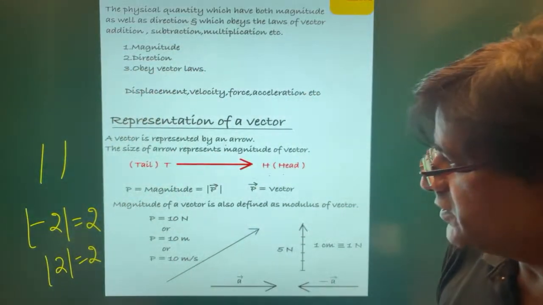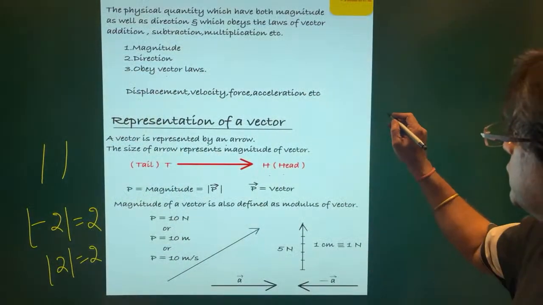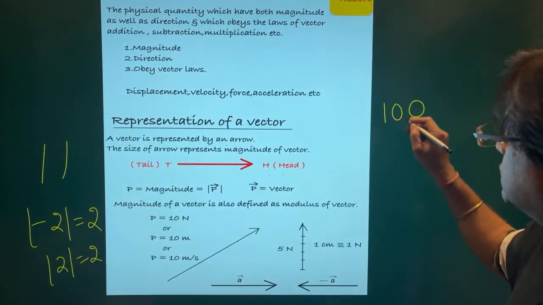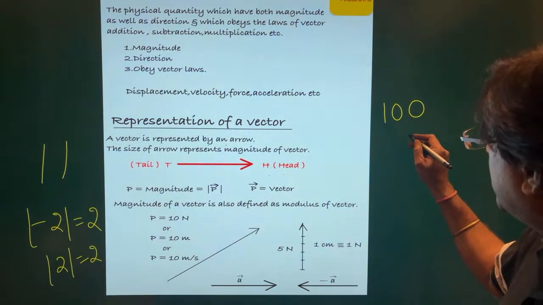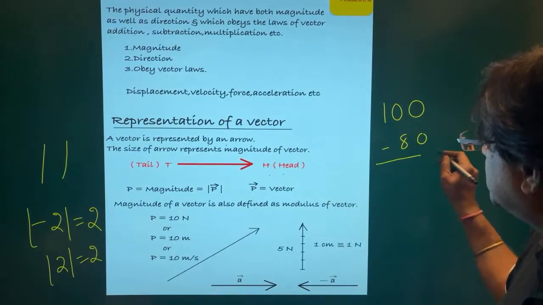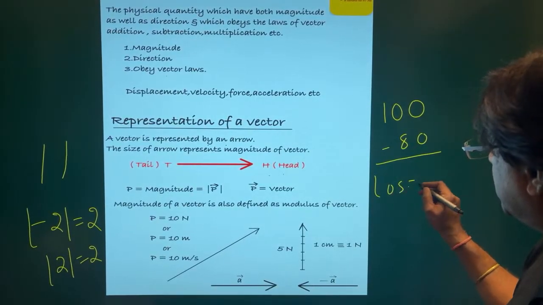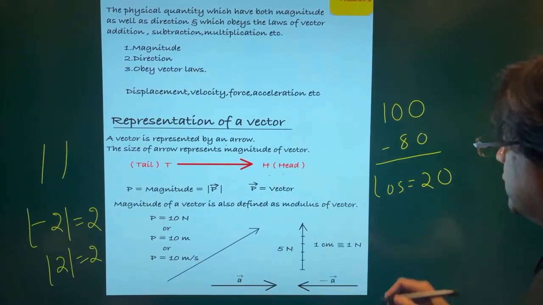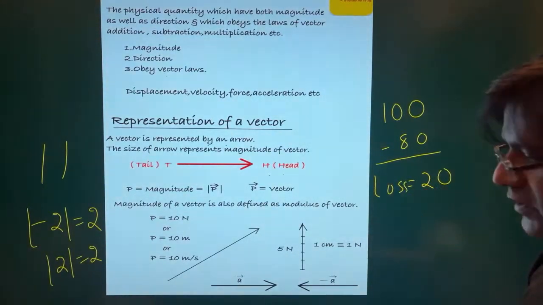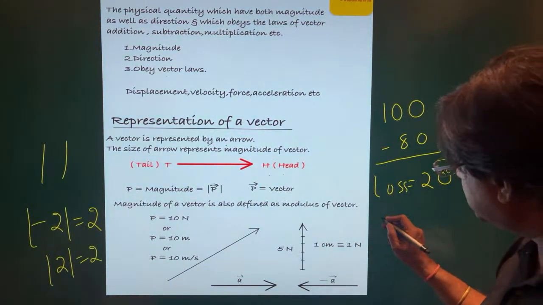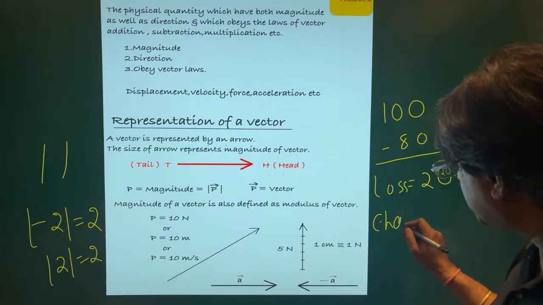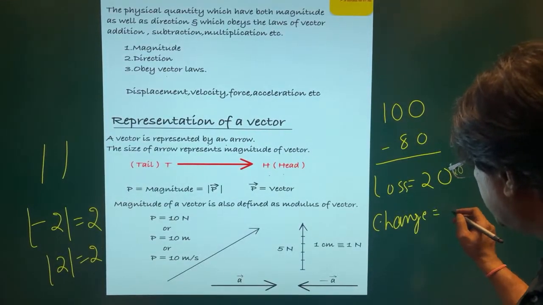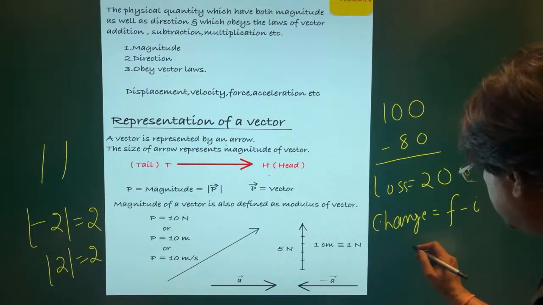Suppose we purchased something for 100 rupees and sold it for 80 rupees, there will be a loss of 100 minus 80, that is 20. But if we see the change in value of that quantity, change of any quantity is final value minus initial value.